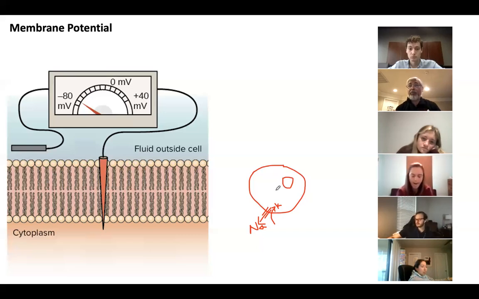Now, if the pump continues to operate, what will happen? More potassium will be inside the cell and more sodium will be outside the cell. That's why intracellular sodium is very low compared to extracellular sodium, and intracellular potassium is very high compared to extracellular potassium. Who is maintaining this high concentration of potassium inside the cell and high concentration of sodium outside?